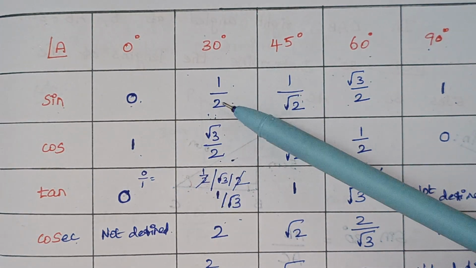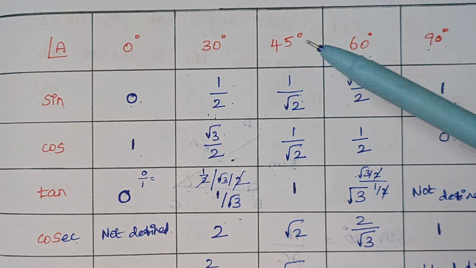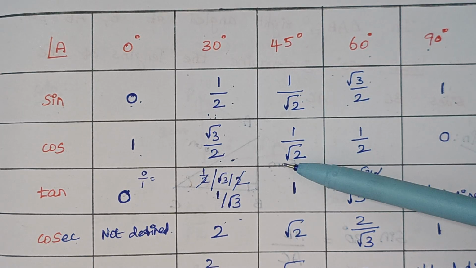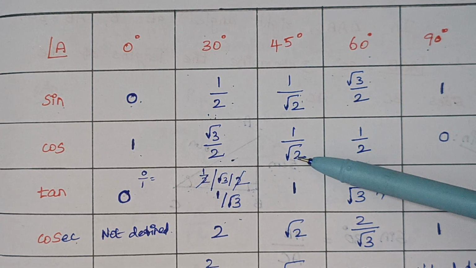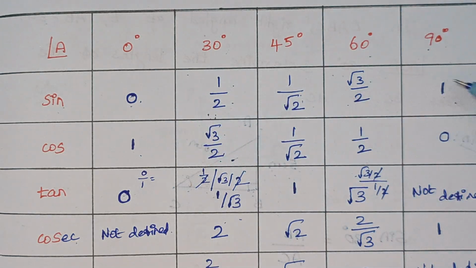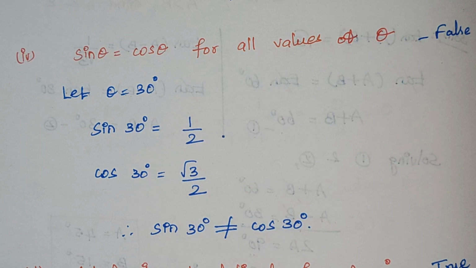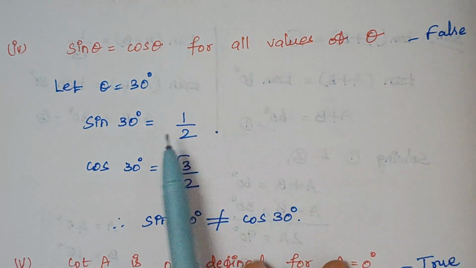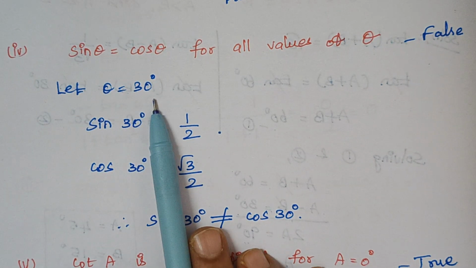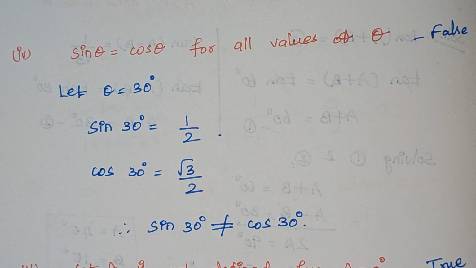For 30 degrees, again it is different. Only for 45 degrees do they hold the same value, but for the rest of the angles, the values are totally different. You should not take theta as 45 degrees because both values are the same. You just leave 45 degrees and you can take the rest of the angles.